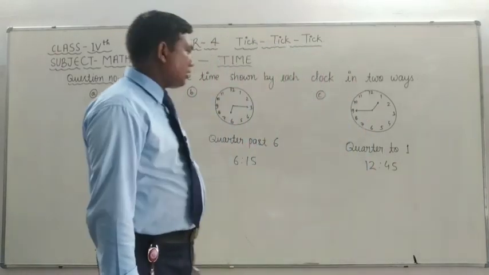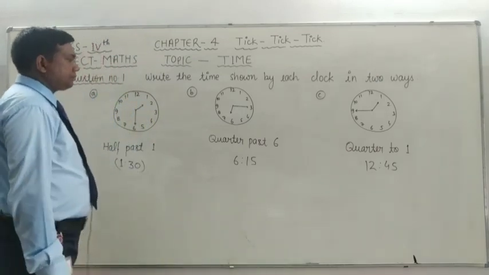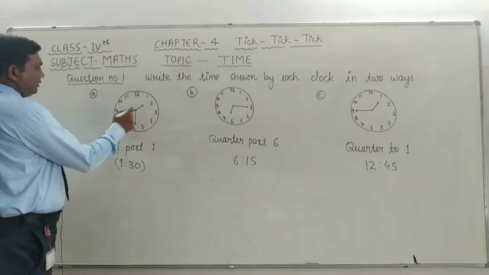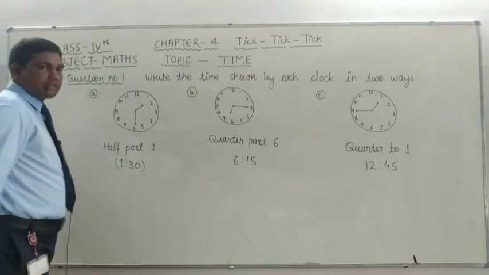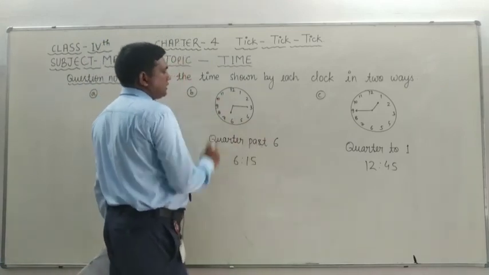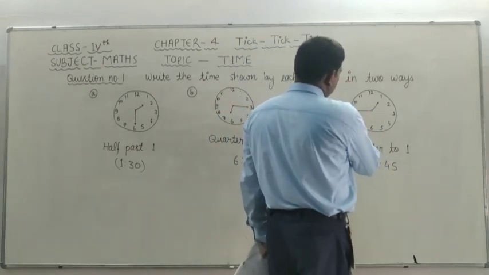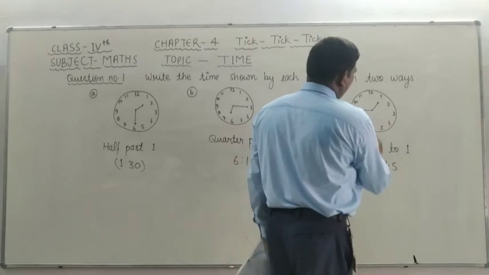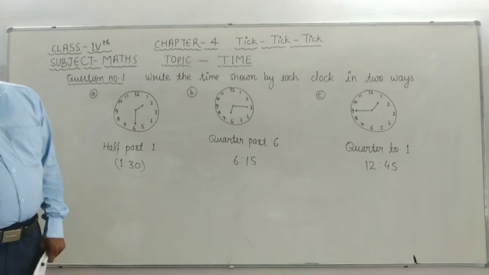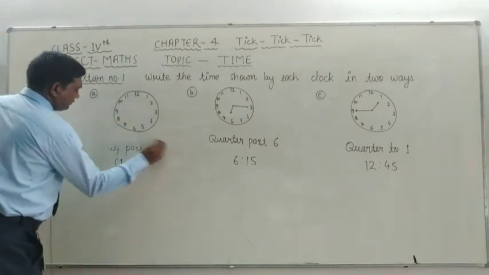Understand? So in question 1, A is half past 1, B is quarter past 6, and C is quarter to 1, which means 12:45. Understand?